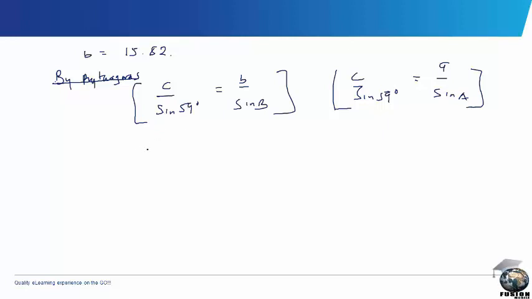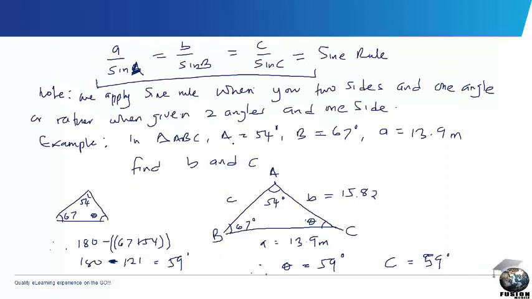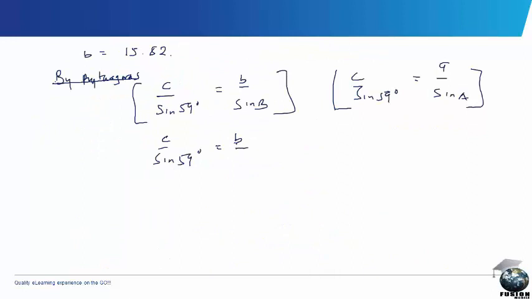And so we have C over sine 59 for this to be equal to B over sine B. Side B is 15.82 and the angle is 67 degrees. So we have 15.82 as B, and sine 67.